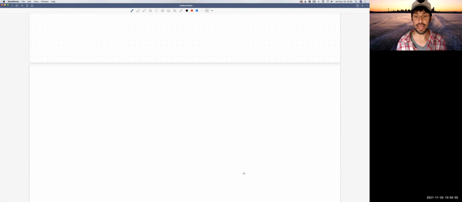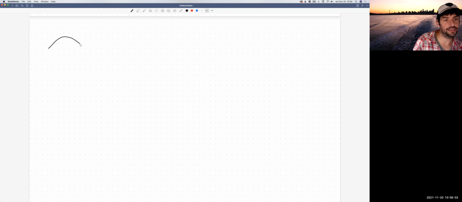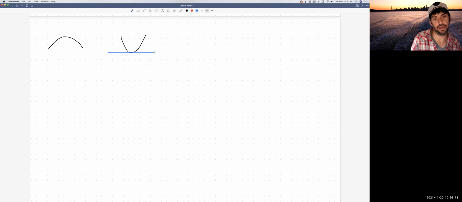And this turns out to be pretty good intuition, okay? That if we have a local max or a local min, we should get a horizontal tangent line.